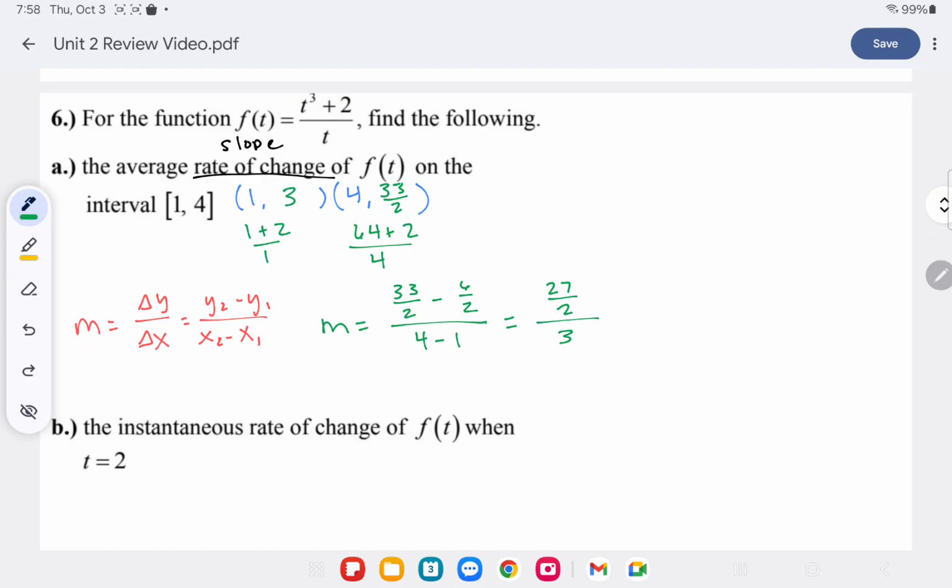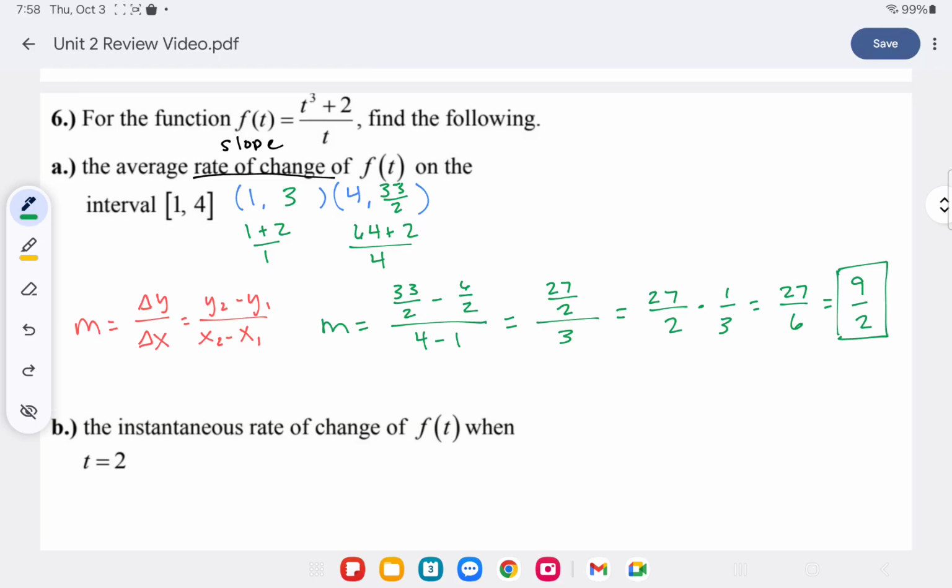So if I have 27 over 2 divided by 3, that's the same thing as 27 over 2 times 1/3. 27/6 is 9/2. So my average rate of change there would just be 9 over 2.